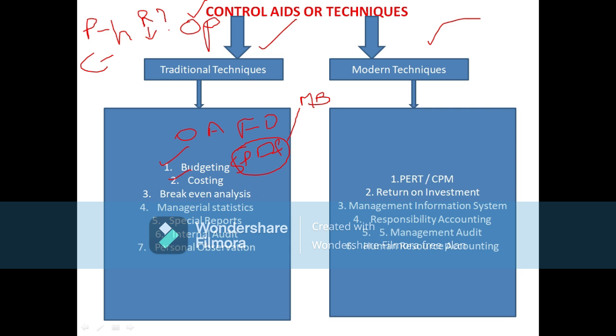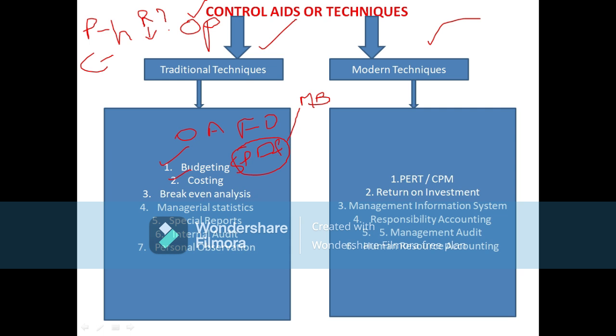There are certain aspects of costing, like standard costing, marginal costing, control accounts. Likewise, we have different costings which help management in the process of controlling. The technique of standard costing is in fact an extension of the budgetary control.